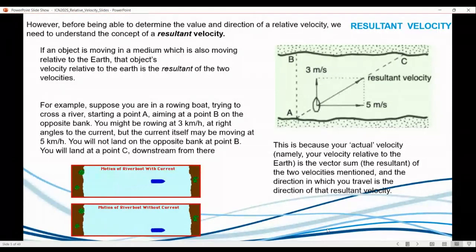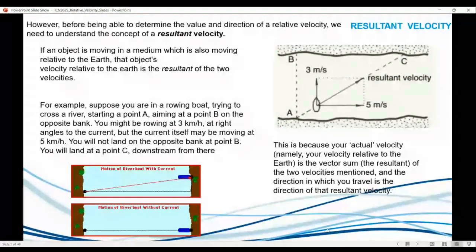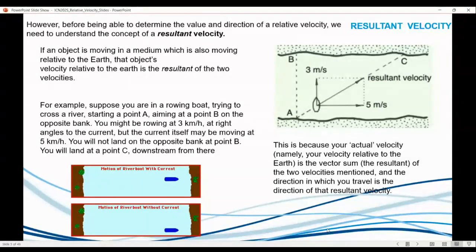Okay, so what's an example of resultant velocity? Obviously, you guys are aware. Look at the image on the right there, before we look at the image on the left. For example, you're rowing a boat, on a ship or a yacht, crossing a river, or maybe the sea, moving from one point to another. You're moving from A to B, rowing at 3 meters per second, as per sketch. But the river itself has its own velocity, going at 5 meters per second to the right.